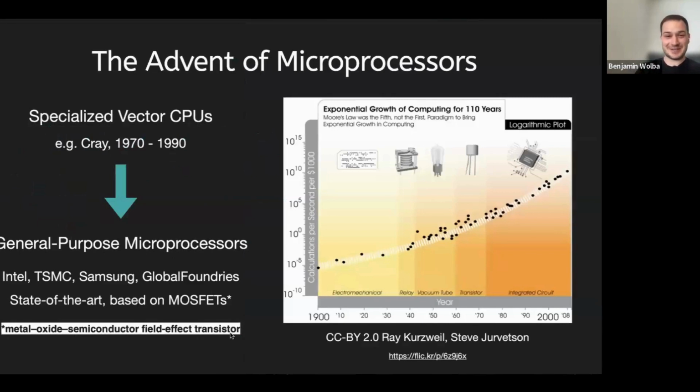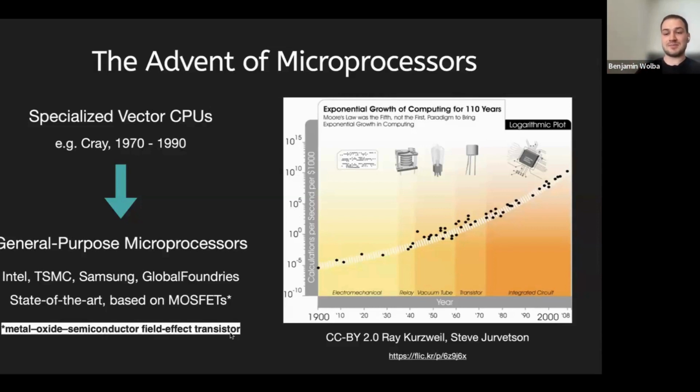How did we get here? When semiconductors, so microchips, started out in the early days, they were not as powerful. You started with a few transistors, then more, and eventually quite a bunch of transistors, but those chips were still not powerful enough to do meaningful computations.